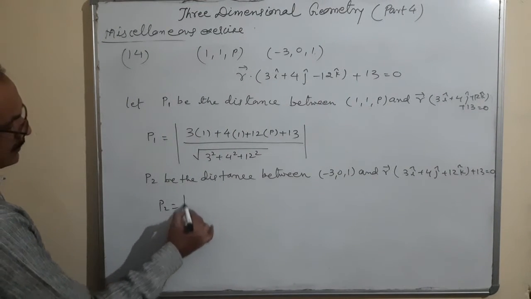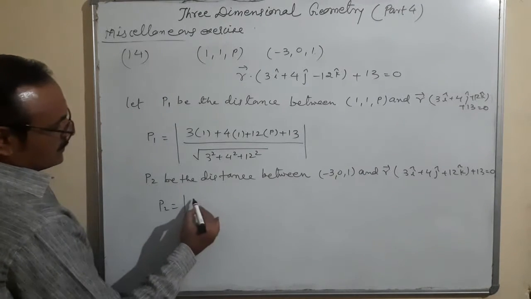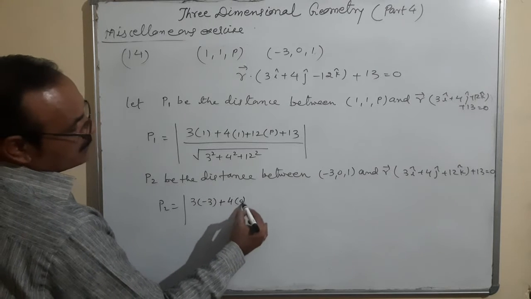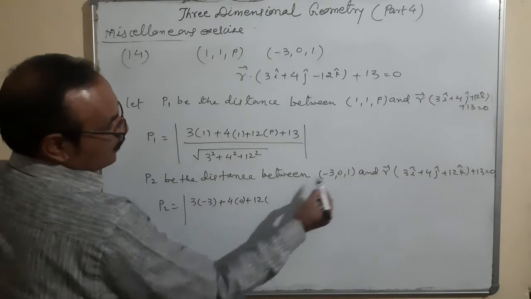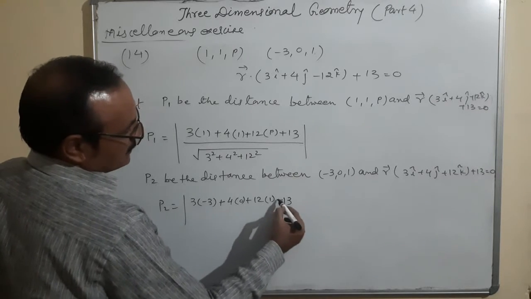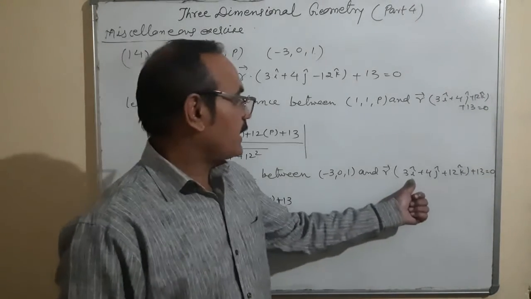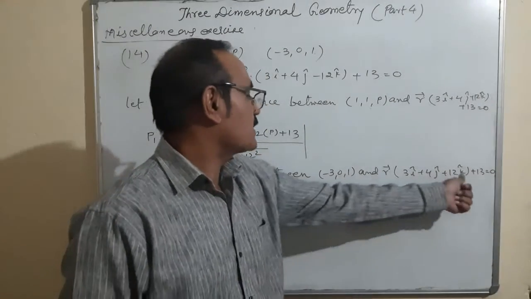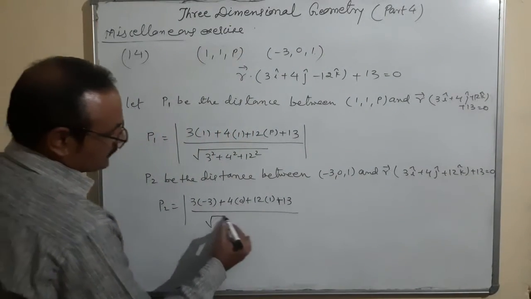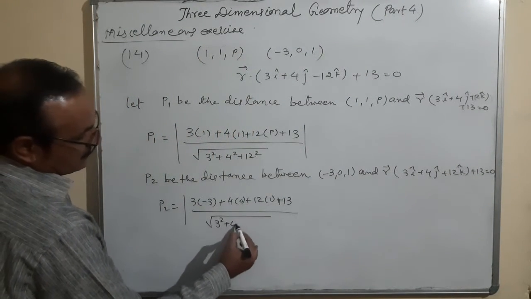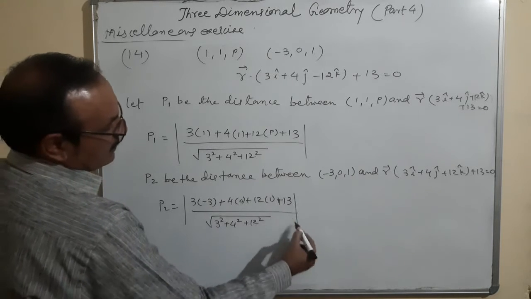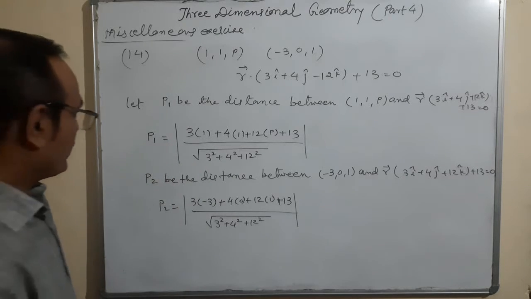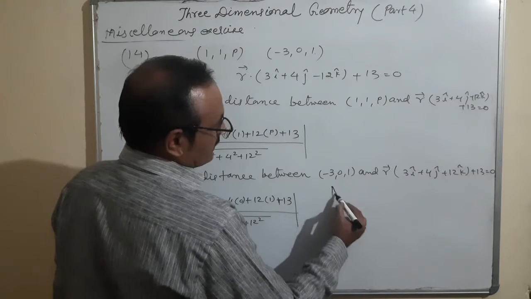Therefore, P2 is equal to 3 with minus 3, plus 4 with 0, plus 12 with 1, plus 13. Is it okay? This is 3x plus 4y minus 12z plus 13, with x as minus 3, y as 0, z as 1, upon under root 3 square plus 4 square plus 12 square. And by the given condition, it is given that they are equidistant from that plane. So I write here P1 is equal to P2 as given.